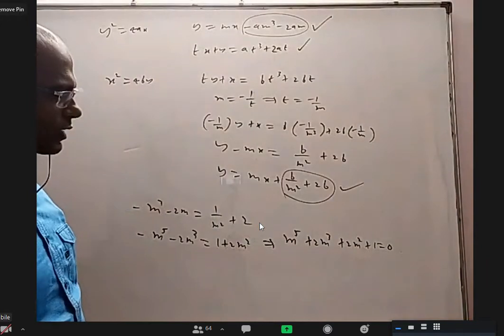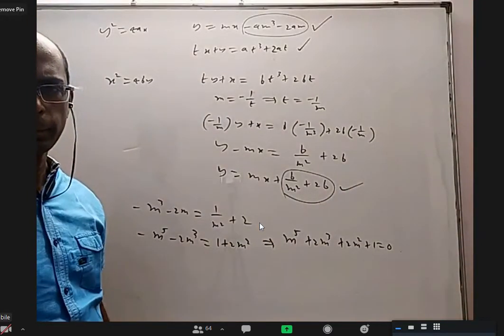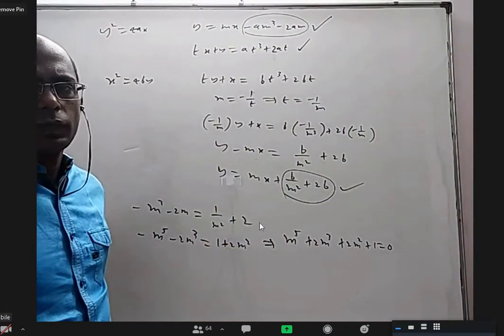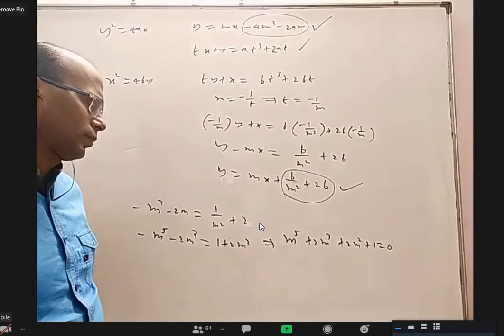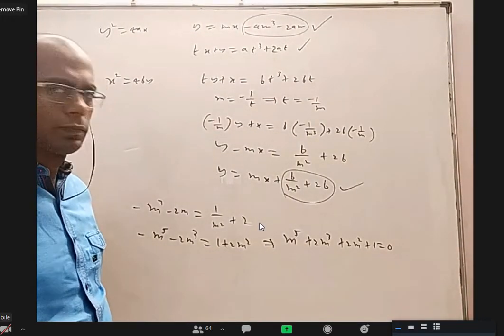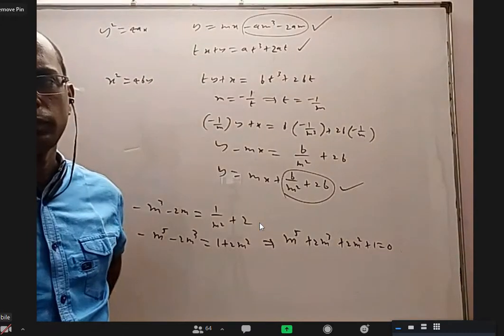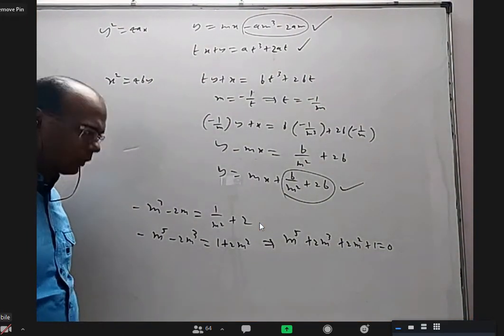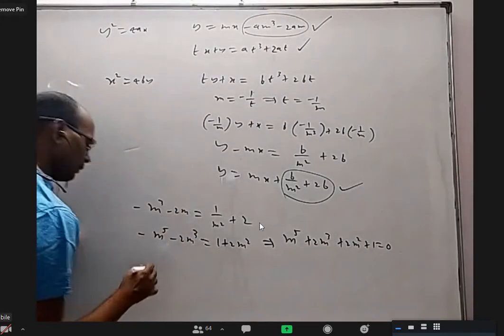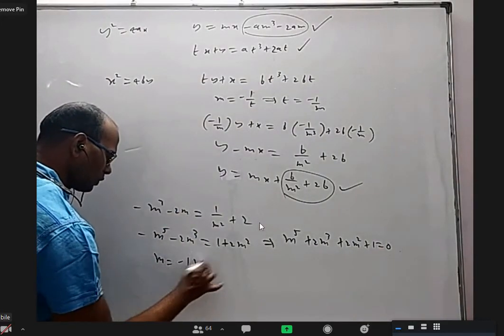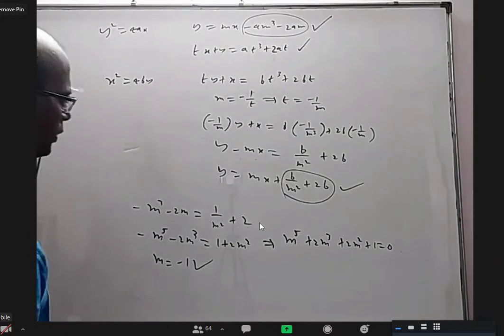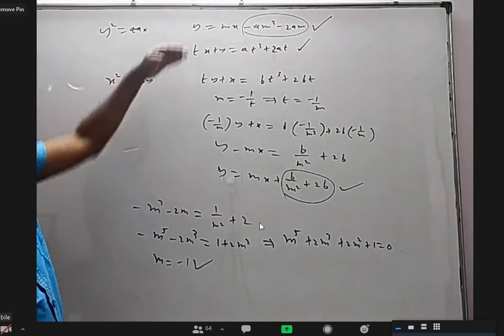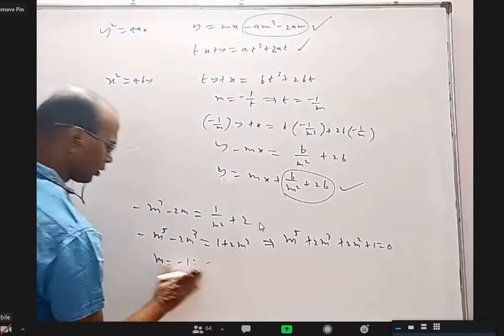Can you guess one root satisfying this? Trial and error. The minus 1. Yes, correct. m equal to minus 1 is one root satisfying that. Okay. Put that minus 1 back here or here, you will get that normal.